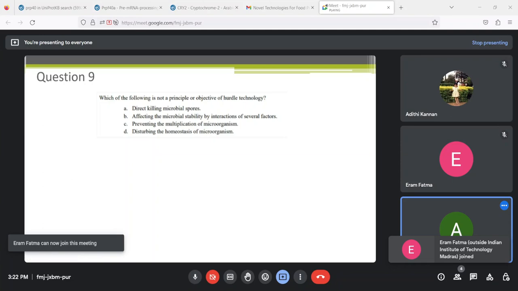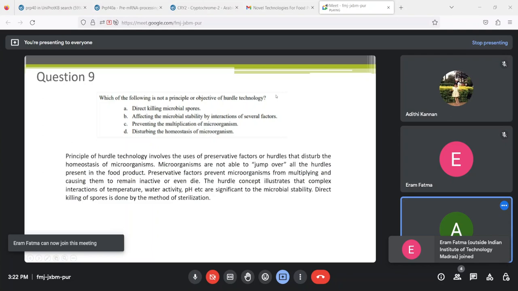If you have so many factors acting in a synergistic way, homeostasis, that is the ability of the microorganisms to regulate their inner environment to an optimum condition, will be disturbed. This disturbing of the homeostasis is also one of the principles of hurdle technology.